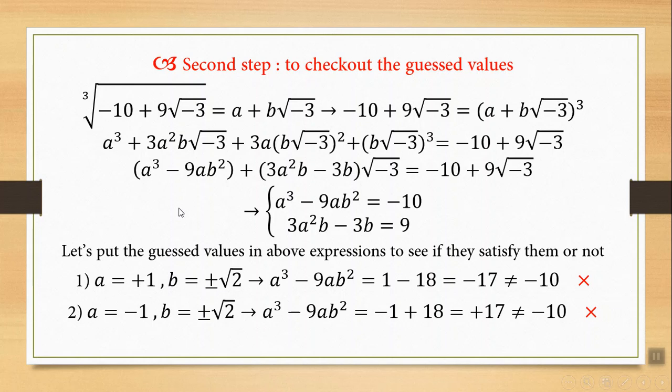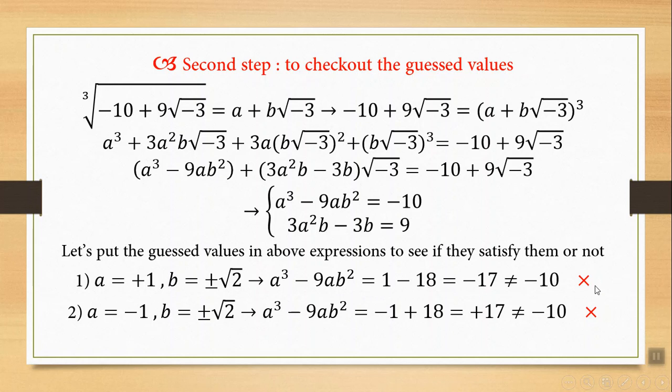Let's put the guessed values in these expressions to see if they satisfy them or not. First we choose a equal to positive 1. By putting the value of a in the first expression, a cubed minus 9ab squared equals negative 17, that is not equal to negative 10.